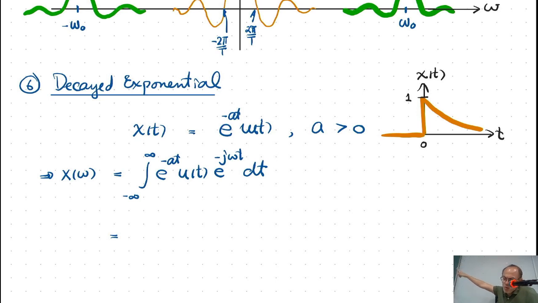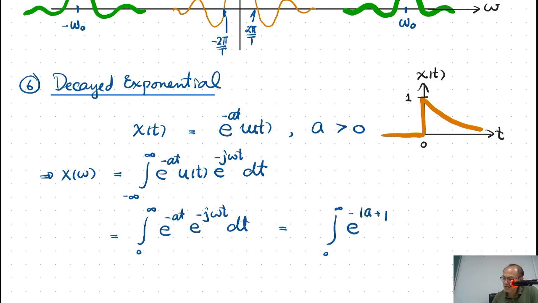Now we have to eliminate the function u, right? We know u is 1 whenever t is greater than 0. So we change the lower boundary of the integration to 0. The integration goes from 0 to infinity, and then we can replace u with 1. But we don't have to write down 1; that would be redundant. So it is e to the minus at, e to the minus j omega t dt. I can group the exponentials together to get e to the minus a plus j omega, times t, dt.